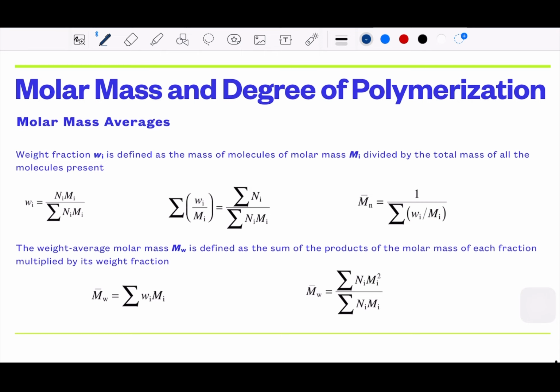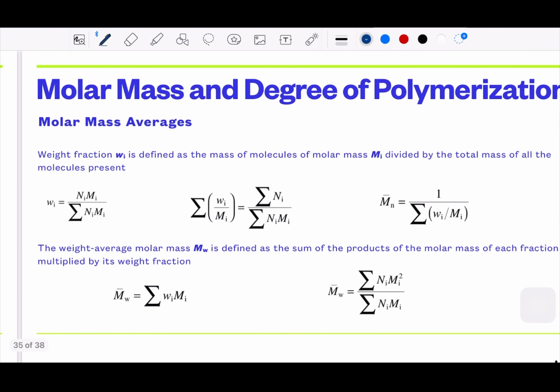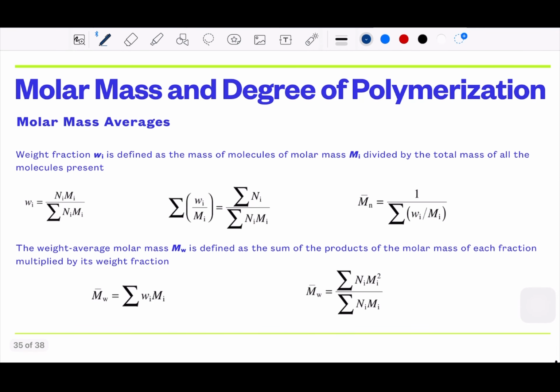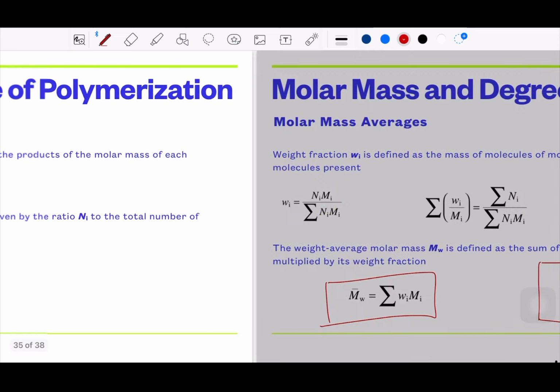Too much formula, but let me box this part here, and also this part here.